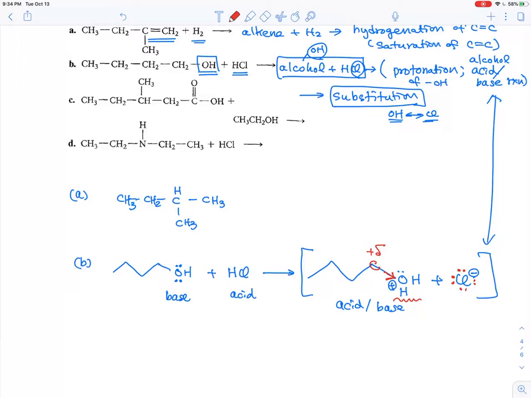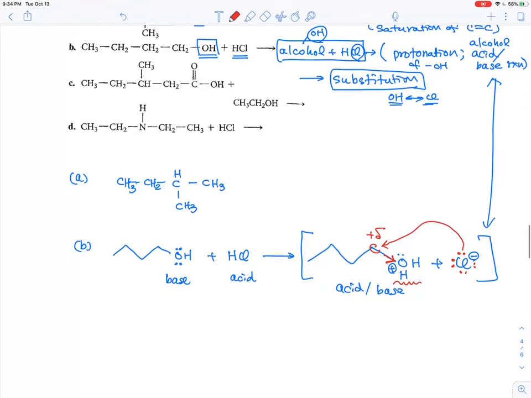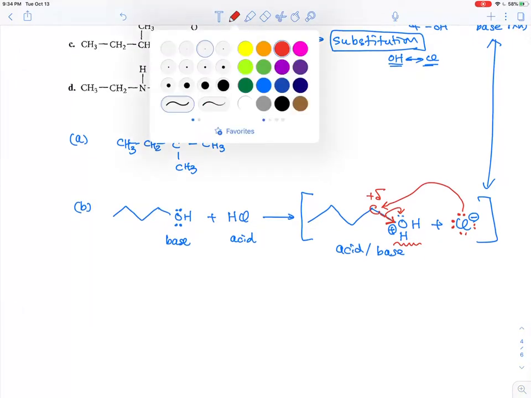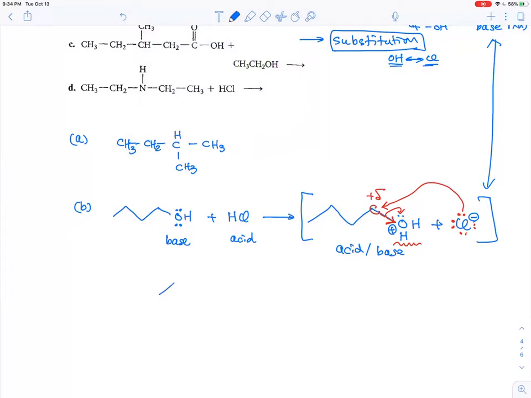They want to be a neutral water, so this carbon is attracted by this negatively charged chlorine ion, and the water is leaving. Okay, so as a consequence, what you're going to have is these 4 carbons with a chlorine being attached, and you have H2O as a leaving group. So this is your product.